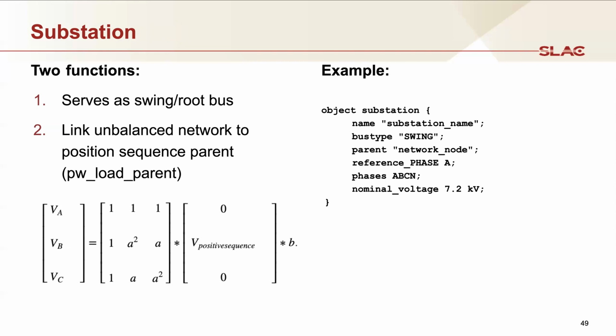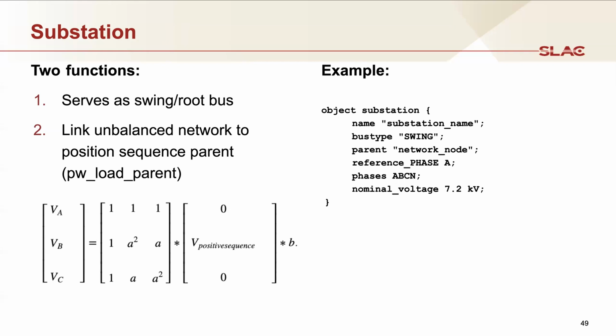The advantage of implementing a substation, the primary feature, is that it can convert the unbalanced network that you have in your distribution system to a positive sequence model that can be used to connect it to another solver that might implement the subtransmission network itself, where the expectation is that the load is more balanced.